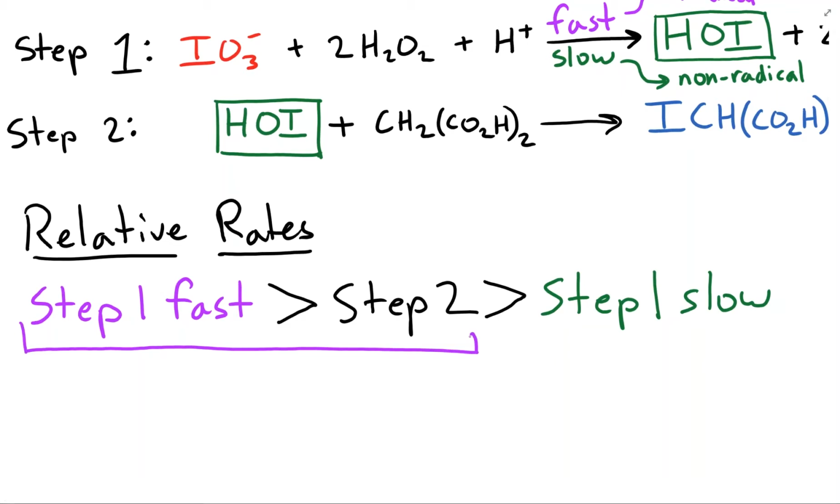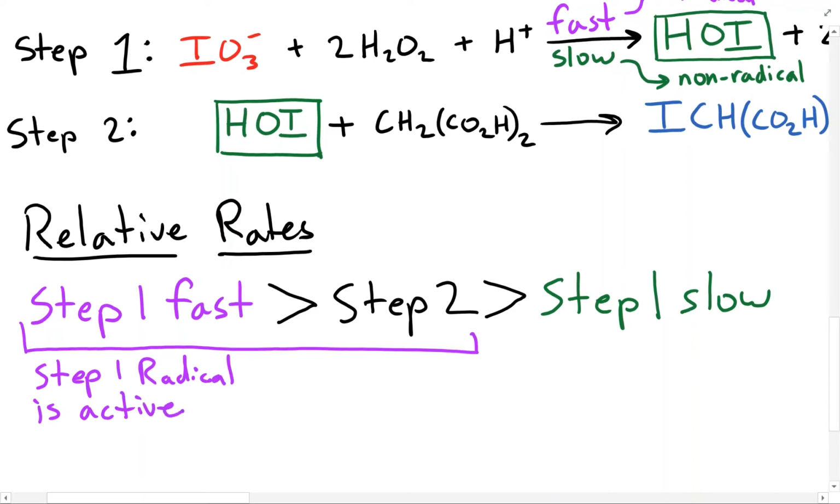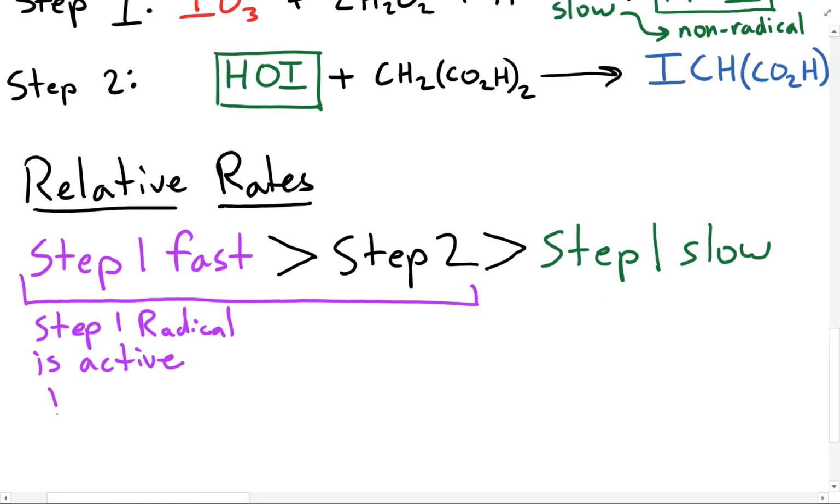If step 1 radical, which is the fast method, is active and is faster, what we're going to have happen is, since it produces HOI, we're going to have HOI accumulating.